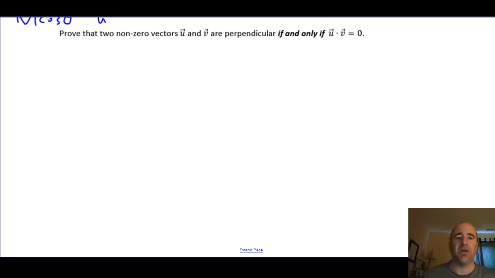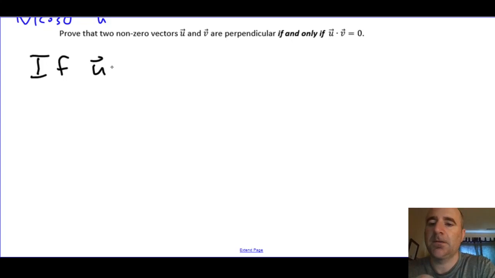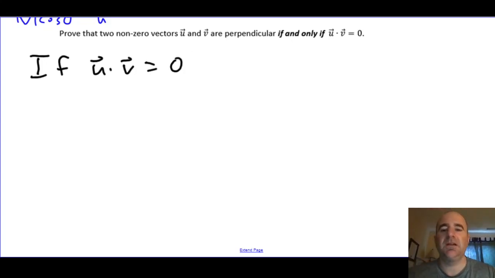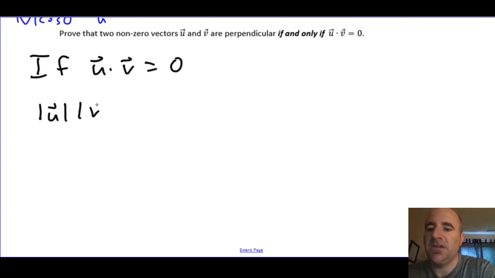Technically, we should prove this both ways. So I'm going to start with what's called the if part of it. So if u dotted with v is equal to 0, we then need to prove that u and v must be perpendicular vectors, intersecting at 90 degrees, or the angle between them is 90 degrees. So if u dot v equals 0, that means that the magnitude of u times the magnitude of v times the cosine of theta is equal to 0.